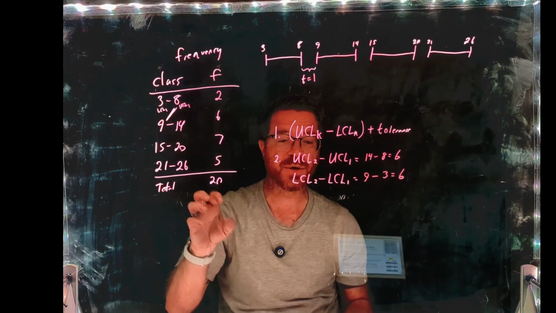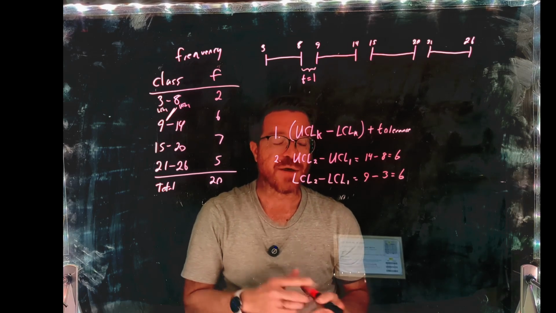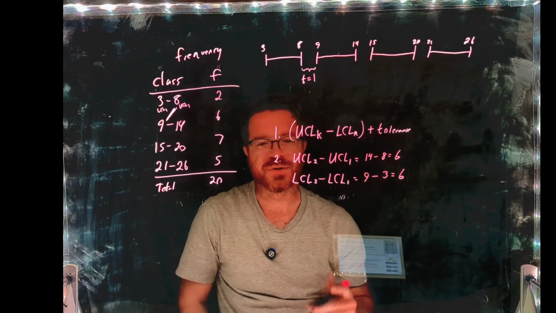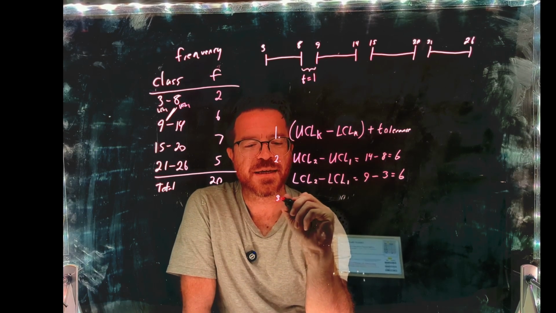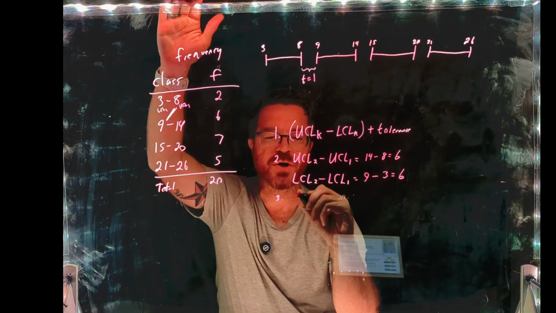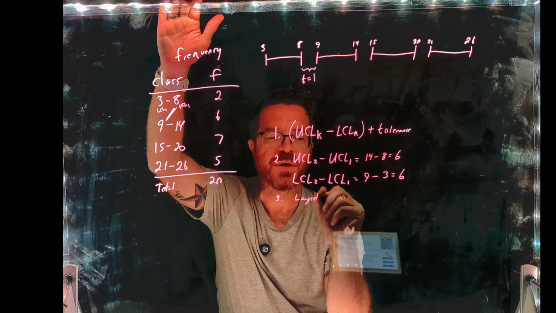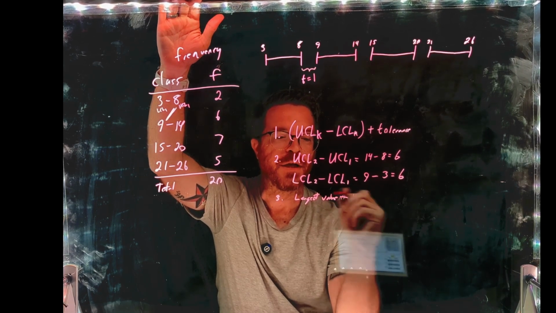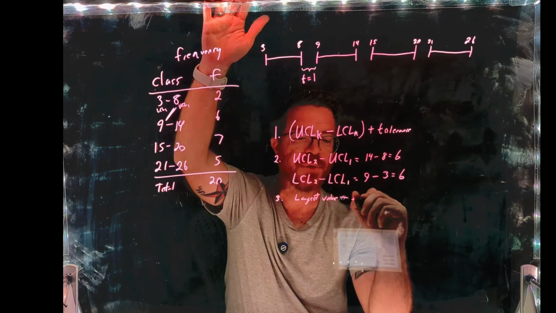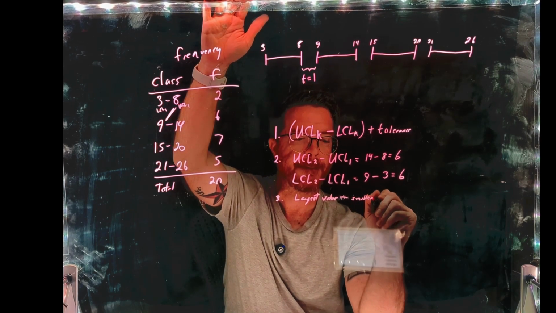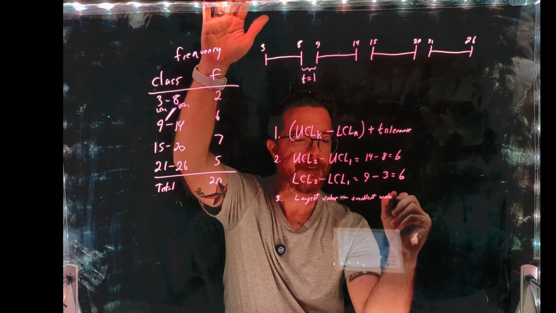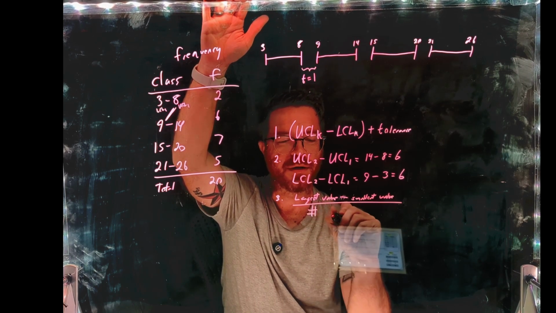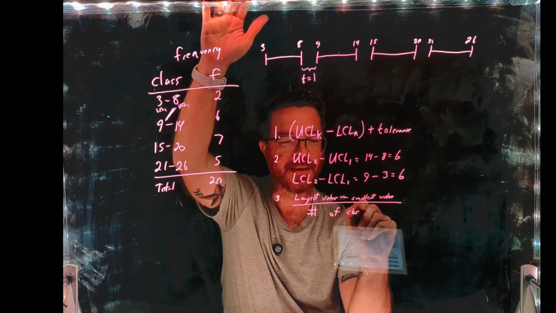So this is one way you could do it. The next method is for if you have raw data only and you're creating a table from scratch. The third method is that you take the largest value of all of the data that you have, subtract the smallest value, and then divide by the number of classes.